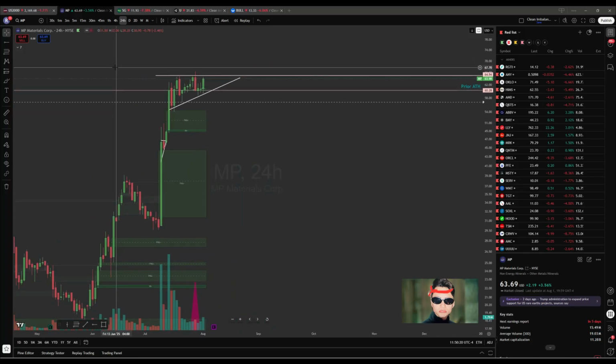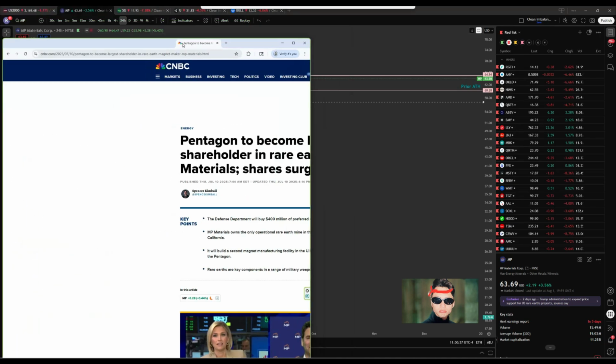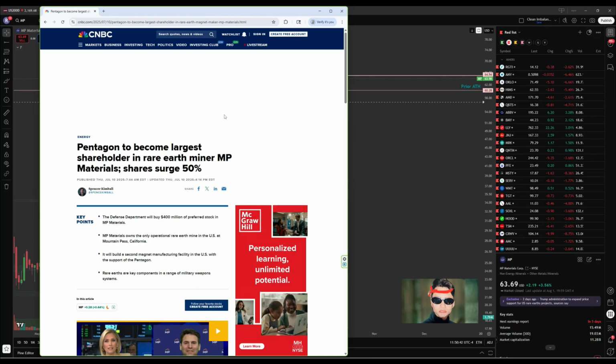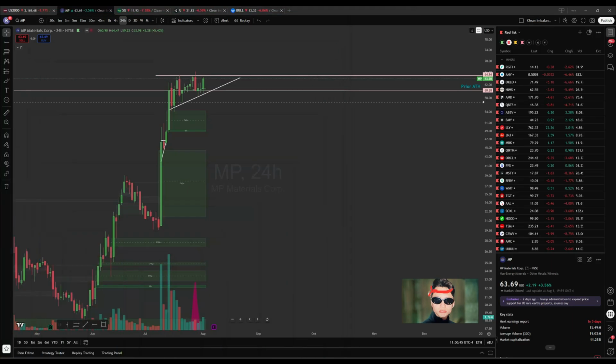One important note of this chart is that the Pentagon, I think it was, or someone in the government. Let me double check right here. Yeah, so this is the news. The Pentagon to become the largest shareholder in rare earth miner MP Materials and shares surged 50%. Then Apple also took a stake in them.